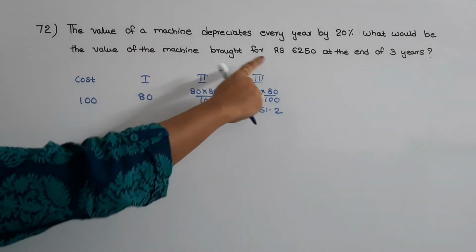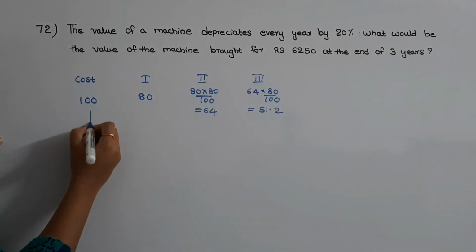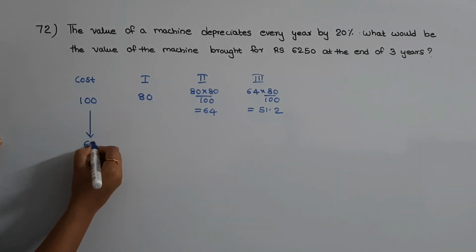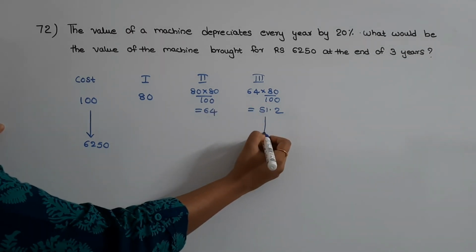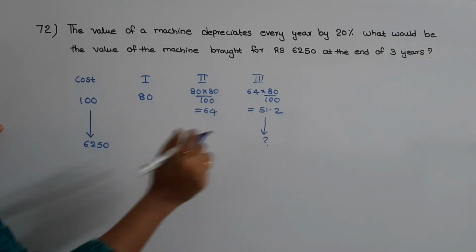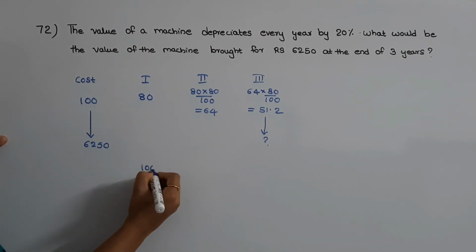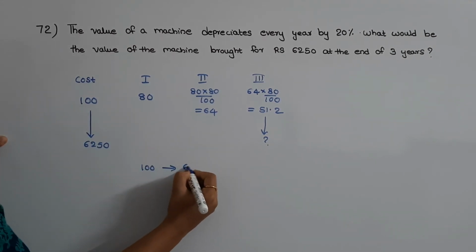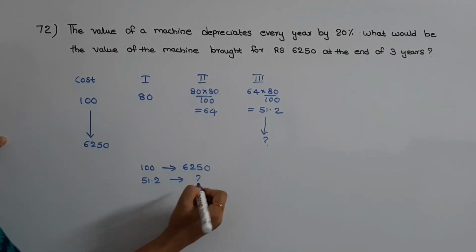But in the question initial cost is given as 6,250. So in the question this 100 is written as 6,250. Then how can we write this 51.2? On finding this value we will get the answer. So if 100 can be written as 6,250, then how can we represent 51.2? This we will get by cross multiplying.